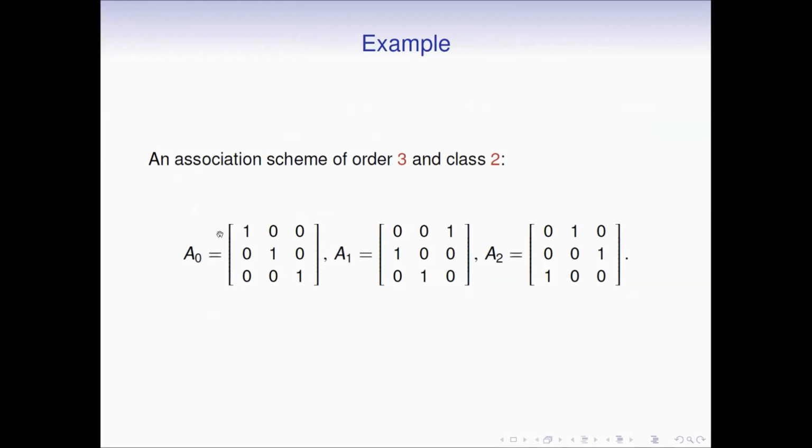And if you sum up these matrices, you find J, the all 1 matrix. And also, if you multiply two of them, you find that it is a linear combination of these 3 matrices.